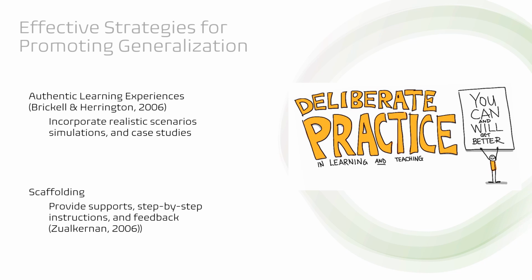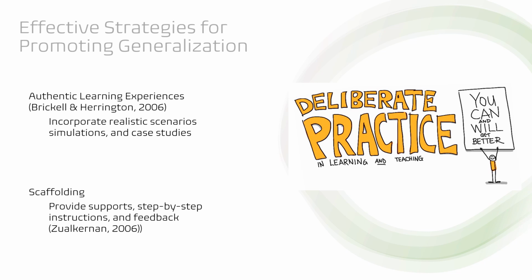And what this does is it incorporates realistic scenarios, simulations, and case studies to make it as realistic as possible for the learner. And by immersing learners in authentic contexts, they develop a deeper understanding of how to apply their skills in real-world settings.